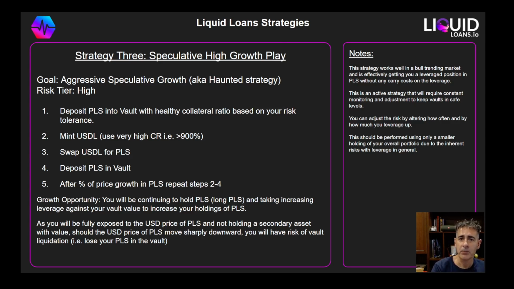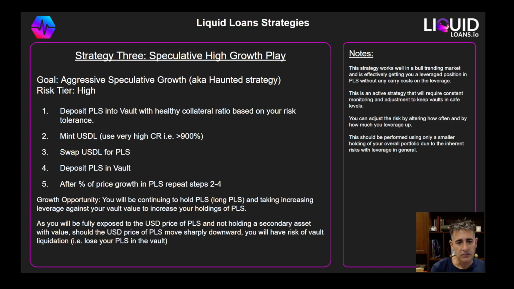You can sell a portion of that down to pay down the debt on your vault, and then your collateral's free and clear. So you've used it wisely, you've grown your bag, but then you've paid down the debt, so then your Pulse is no longer at risk of liquidation when we inevitably go into what is going to be a bear market in however many years' time.